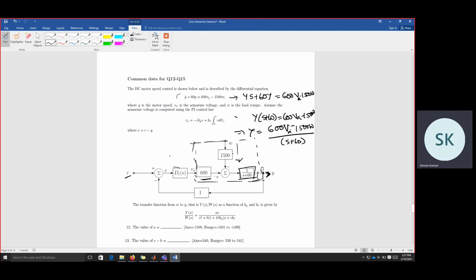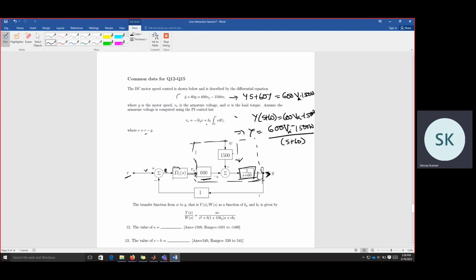So for this, a controller is being used that is DC, and here it gives output VA, that is armature voltage, and input is error which is reference minus this output. So output is multiplied by 1. This is simply Y, and this is R. So R minus Y, this gives E, and this excites this controller, which gives the output VA.